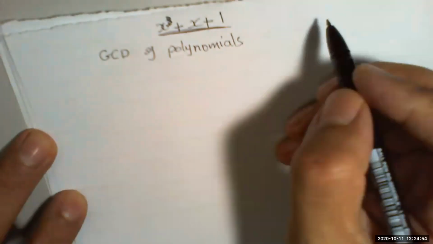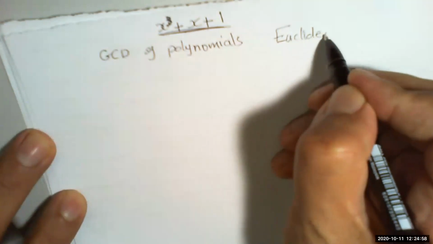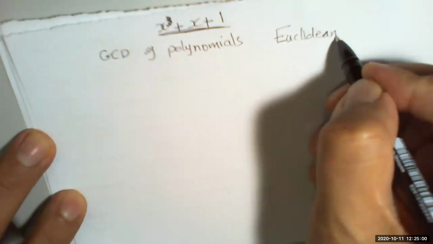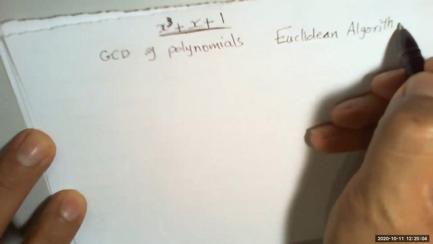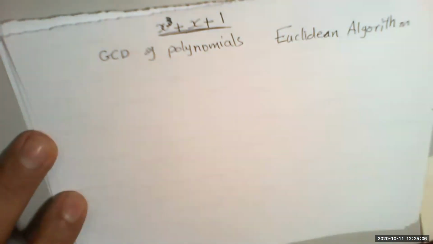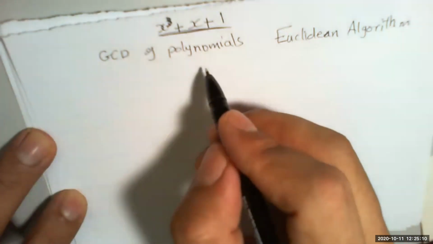We apply the same Euclidean algorithm, but here for polynomials. So let's take an example.